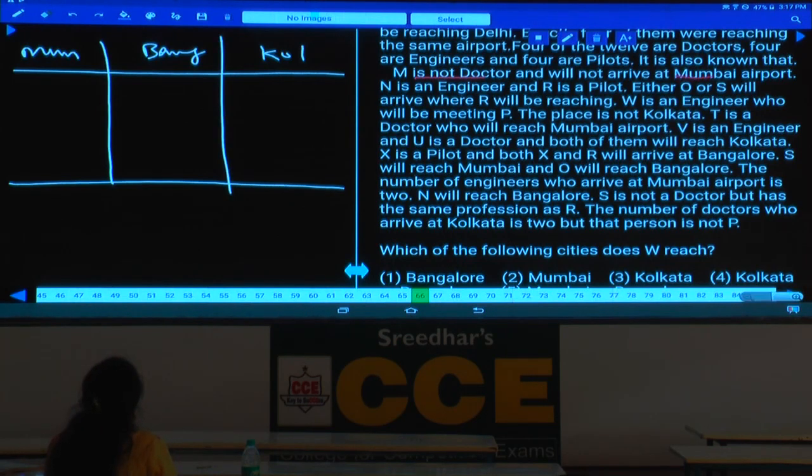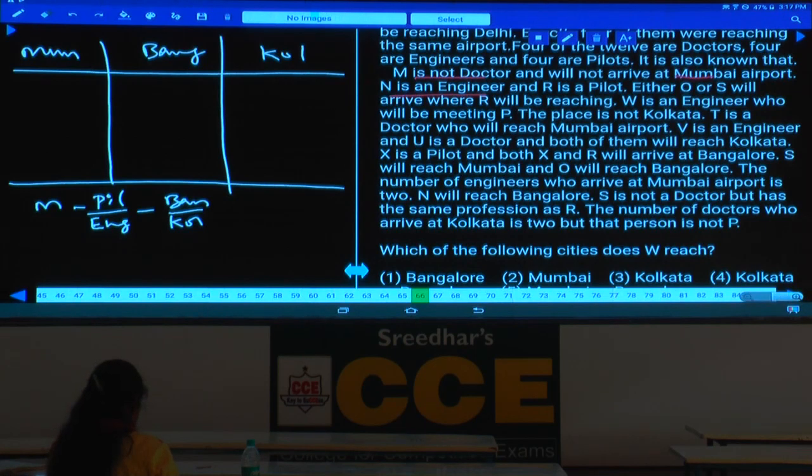Hence the profession of M is either pilot or engineer, and this person reaches either Bangalore or Kolkata.